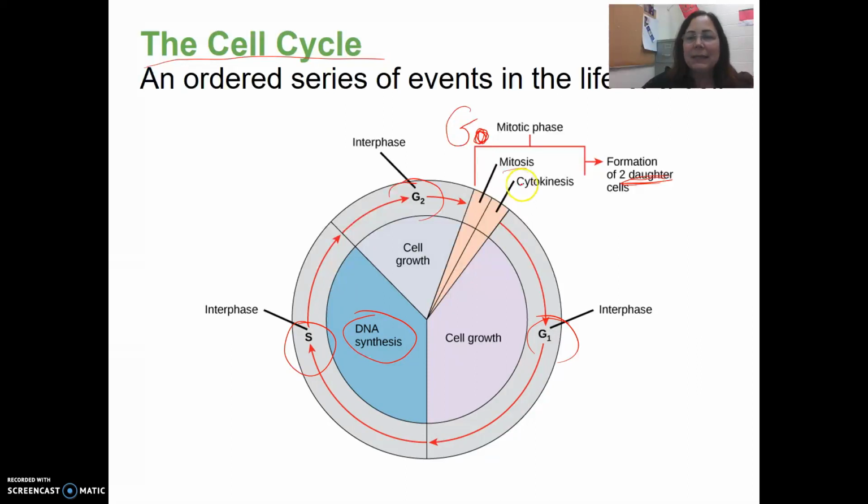And then cytokinesis is the actual splitting in half of the parent cell to form the two daughter cells. What's not shown here is that the mitotic phase consists of prophase, metaphase, anaphase, and telophase.